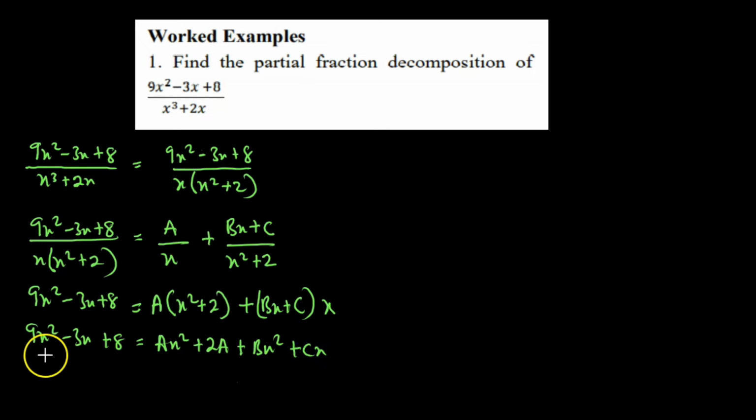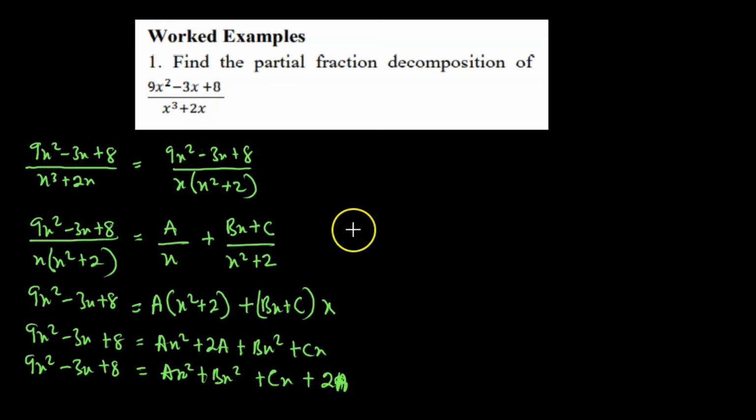So rearranging in order of magnitude, in terms of descending powers of x, I'll be having 9x squared minus 3x plus 8 equal to ax squared, then plus bx squared, then plus cx, and then plus 2a. So comparing and simplification continues from here.